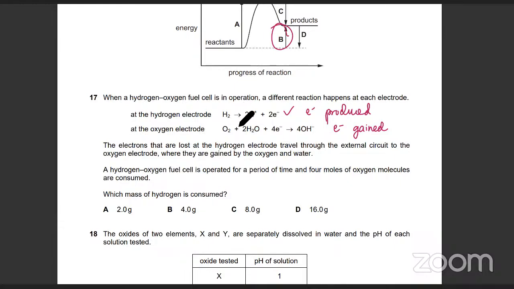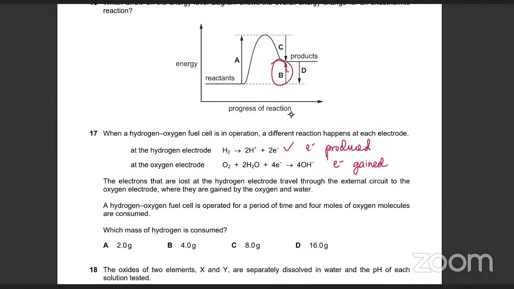So 4 moles. First tell me, if I balance this, now in a cell there's one electrode and there's another cell, and they're connected through a wire. You've got a hydrogen electrode and an oxygen electrode, right?